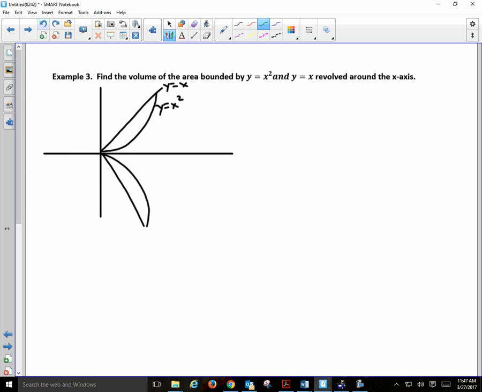So I'm going to get rid of those, and I'm going to take this, which as Maddie sees, I have a thickness of dy. And as I rotate that down, I get the shape down here.